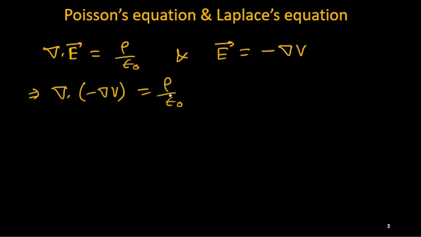So I can take this minus sign to the other side, and this del dot grad, this notation, we will use as the Laplacian operator del square V, which will be equal to minus rho upon epsilon naught. And this equation is called Poisson's equation.